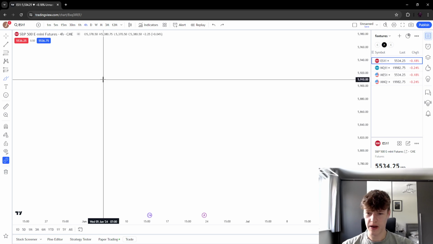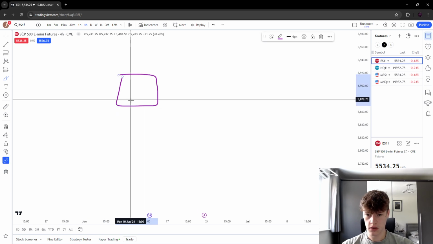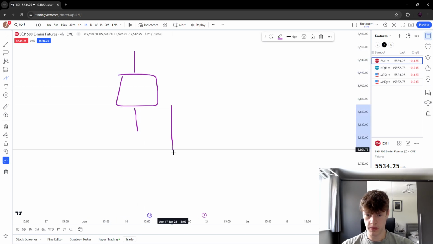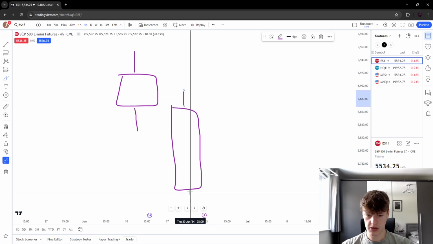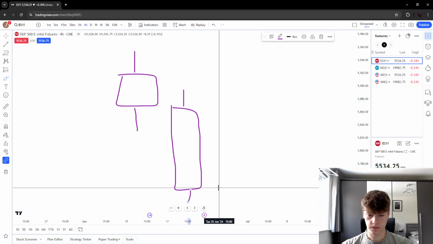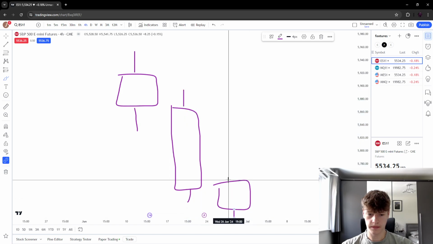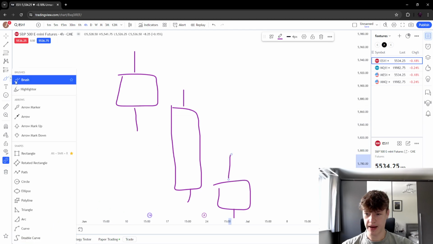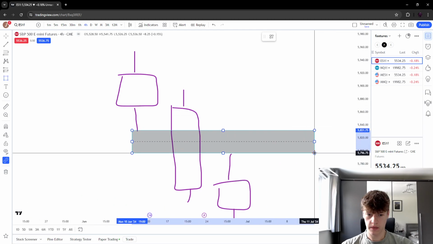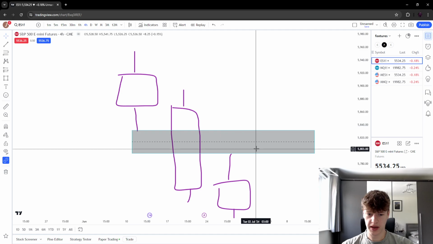And then you also have a bearish imbalance. So it's a similar situation, except it's just a big expansion down this time, where there is a gap between the bottom of this wick and the top of this wick.